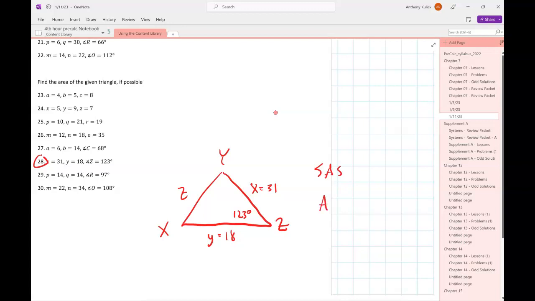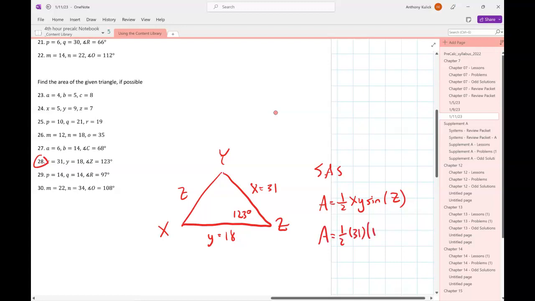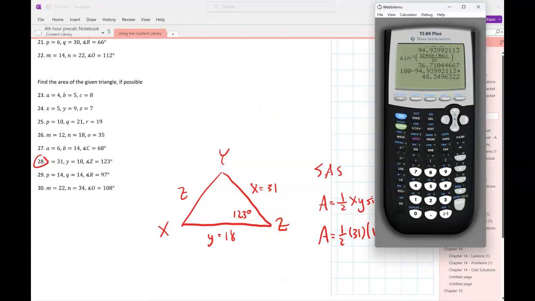So I can use the area formula 1/2 xy sine z. So I'm just going to do 1/2 times 31 times 18 times sine 123. And that's it, home. We're done with that guy.